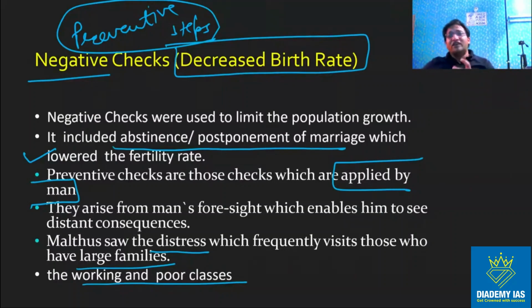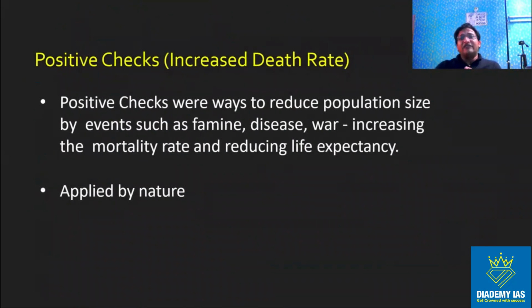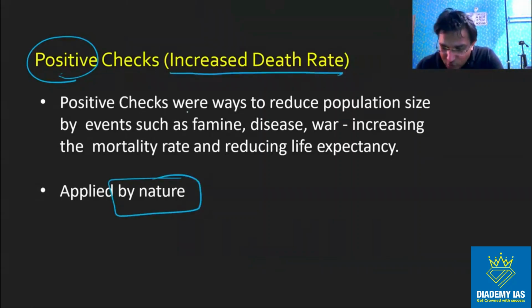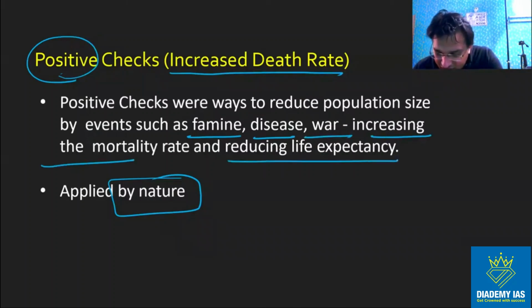So especially working and poor classes should control the birth rate in their families. Otherwise, if this is not done, then positive check will be taken by the nature, through increased death rate, by way of famine, disease, or maybe in the form of civil war, which will increase the mortality rate and even reduce the लाइफ एक्सपेक्टेंसी रेट.